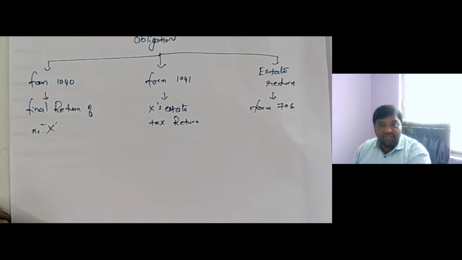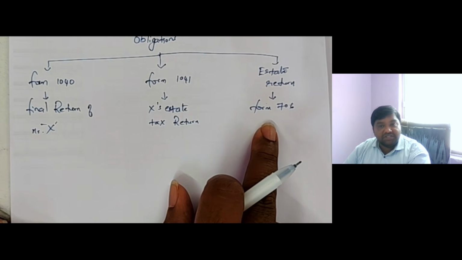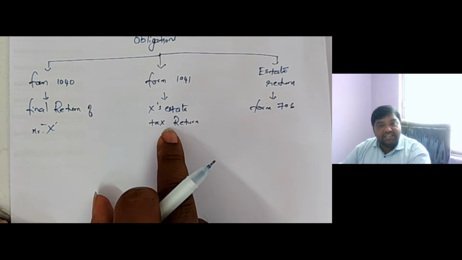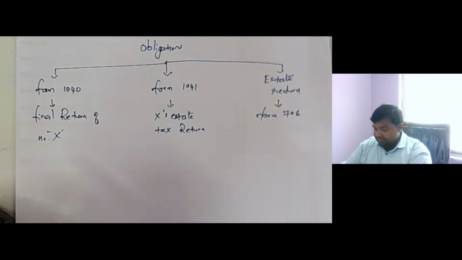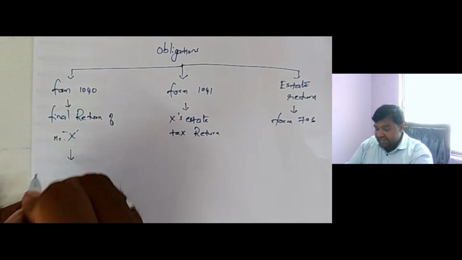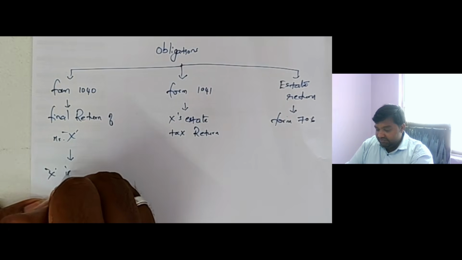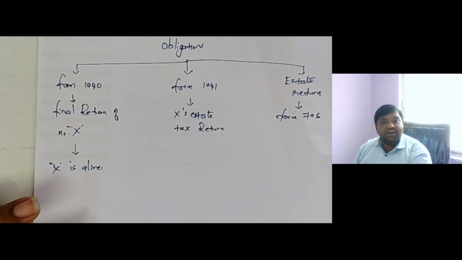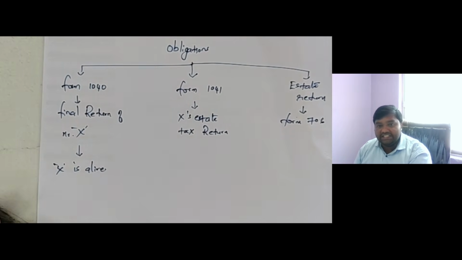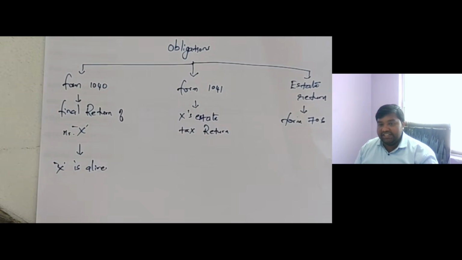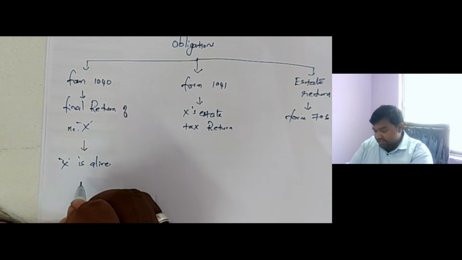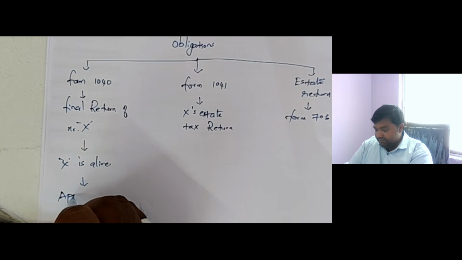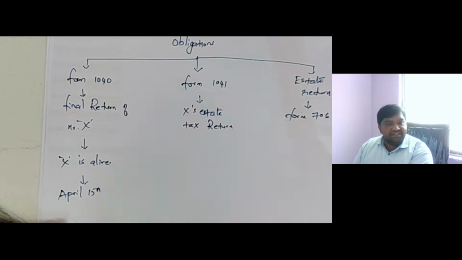Estate as an entity files form 1041, and the final return is 1040. Final return will be filed as if Mr. X is alive. So you will take all the deductions, all the credits, arrive at the income and pay tax. That is the final return of X. Due date is the same, April 15th, and if you want, you can take an extension.